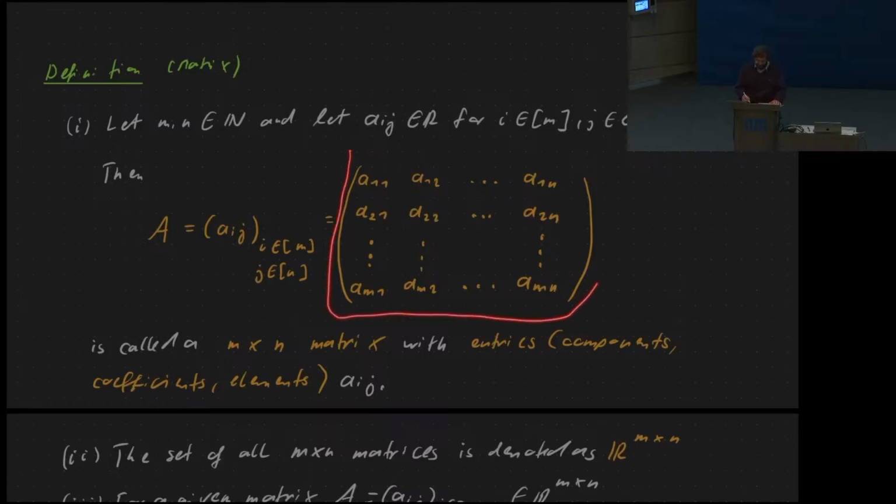So if I want to write down all the entries, I do this in the same way that we did for the tableaus. I'll usually use a double index to denote one entry of that matrix. The first index is always the row. The second index is always the column. Right? So the element A3,17 is in row 3, column 17, for example.